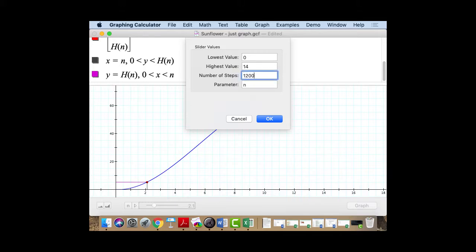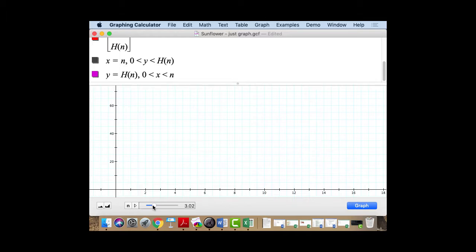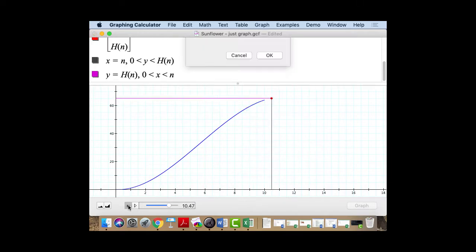Now, that'll probably go slowly. Oh, 500. All right, so 500 steps then. There's more decimal places of accuracy on my n slider now. And there's a little play button here. I just changed it to go to 14, which is nonsense since this ends at 10.